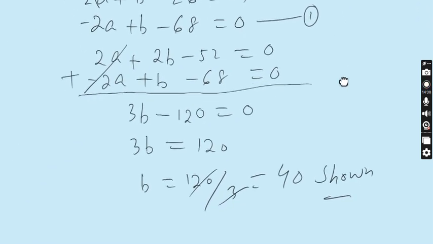Very easy. To find the value of a, put b is equal to 40 in any one of the equations, 1 or 2. I am putting in 1.